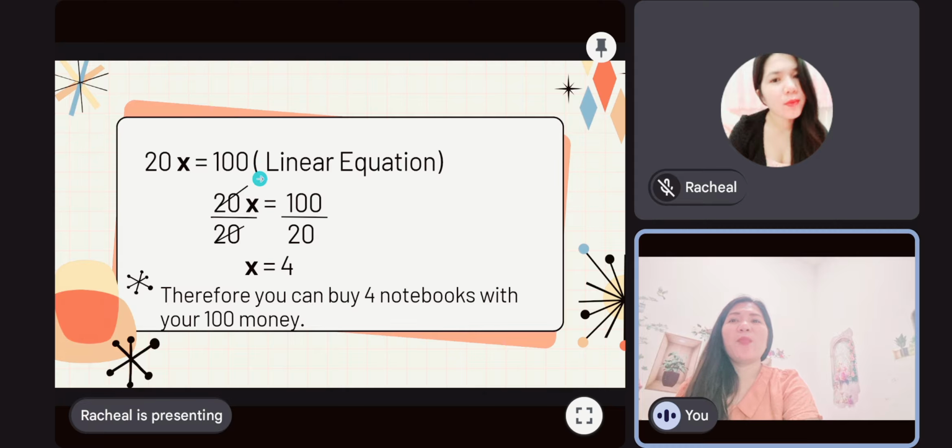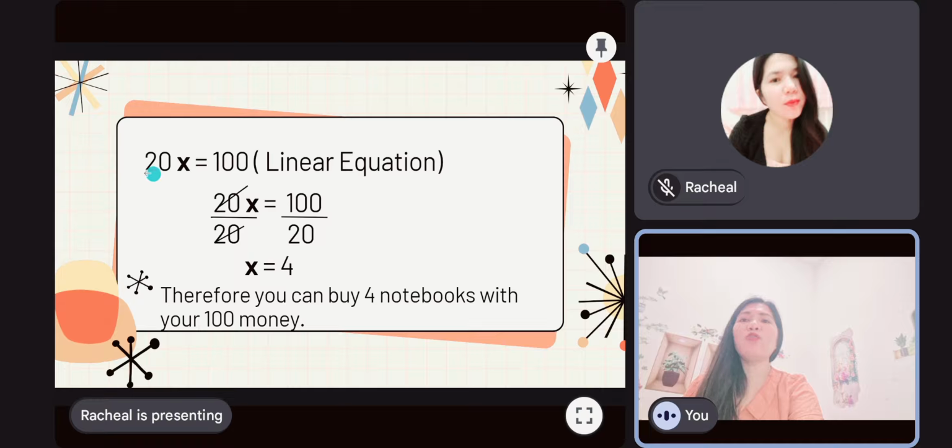So here, 20x is equal to 100. As you can see, we have here a linear equation. It is not quadratic because it is raised only to the first power, right? So, linear equation. How are you going to solve the value of x?